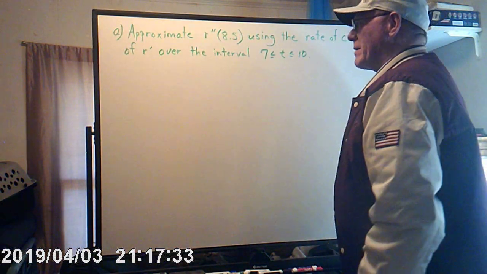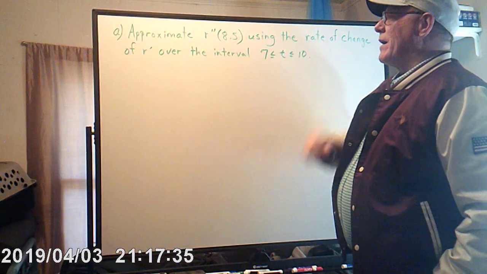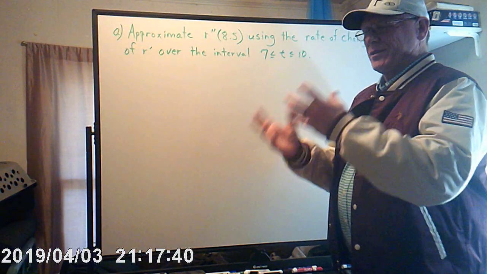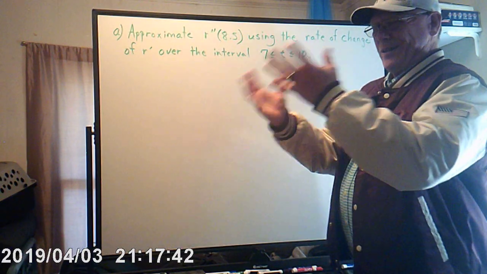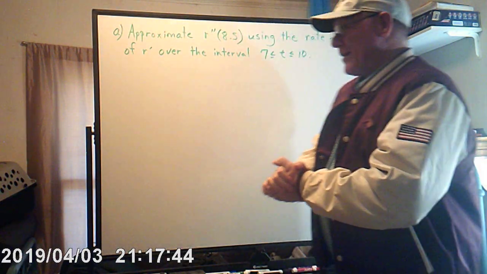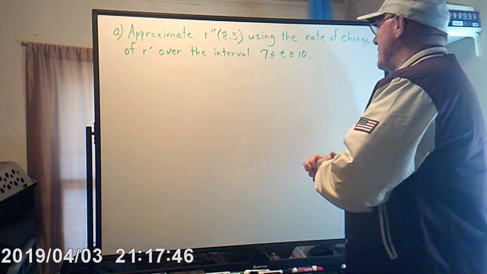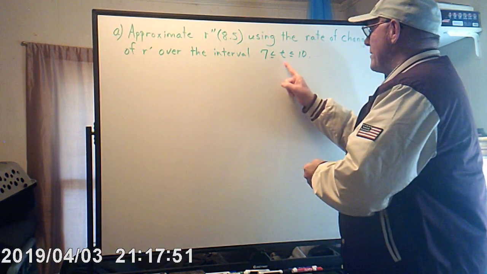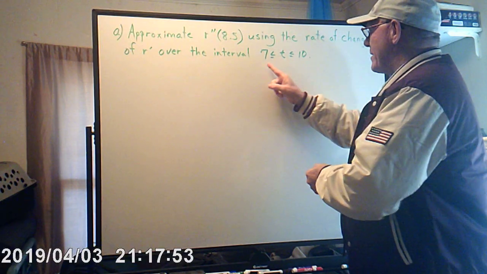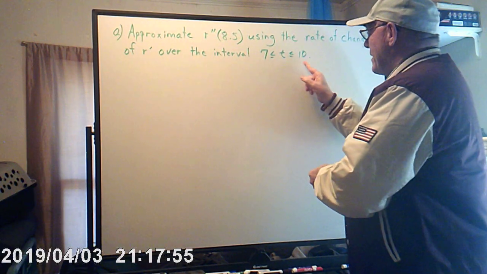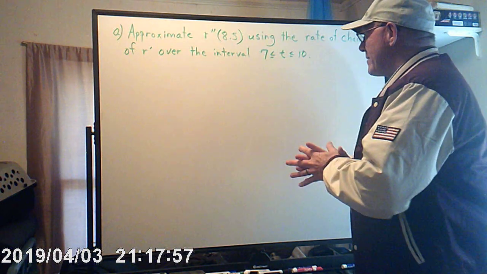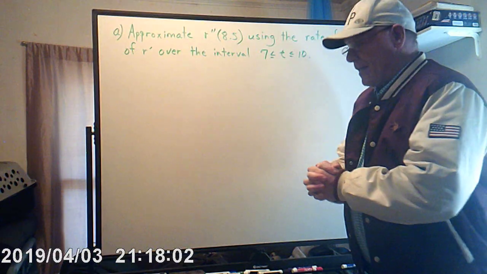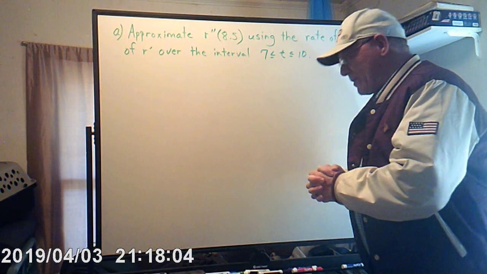This says approximate R double prime of 8.5, which is the rate of change of the rate of change, using the rate of change of R prime over the interval T between 7 and 10. Keep in mind that time is between 7 days and 10 days, including those.